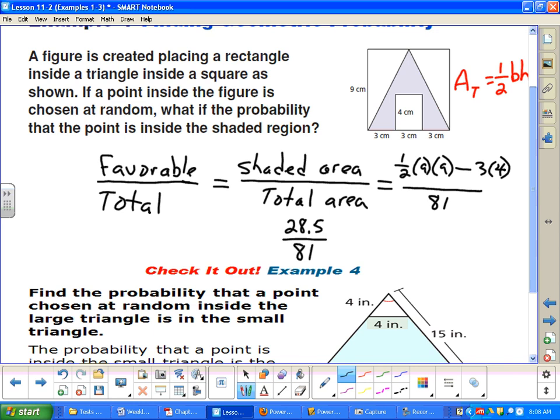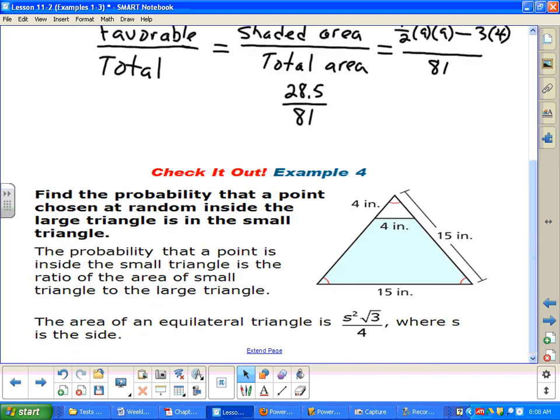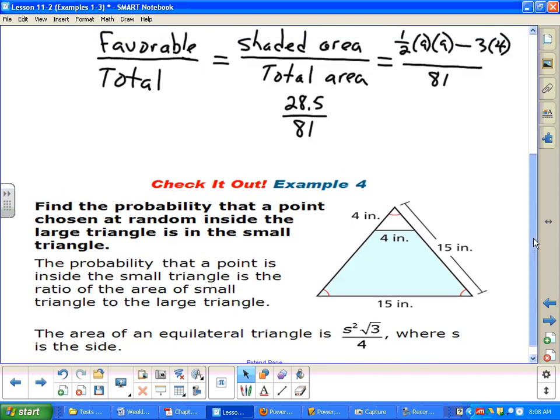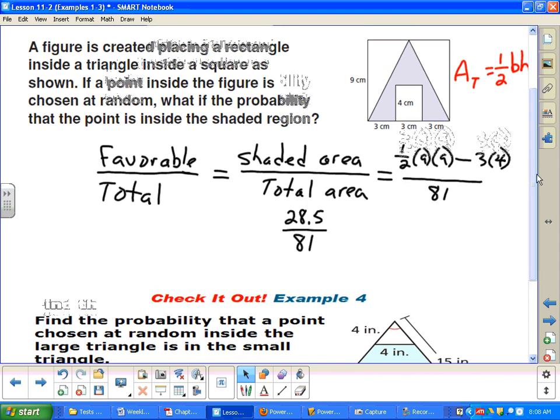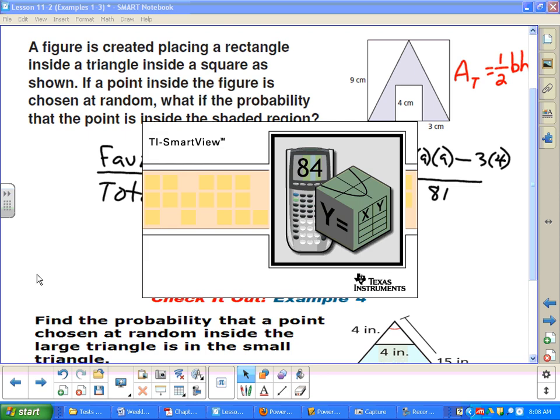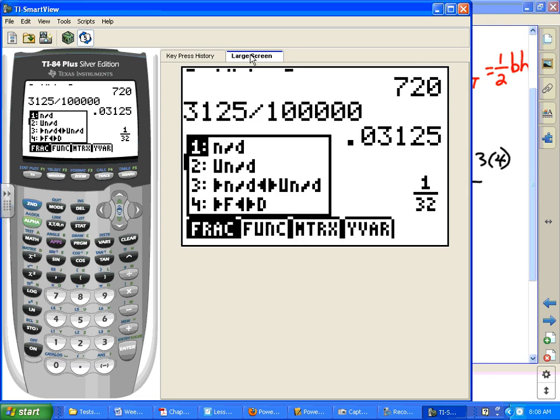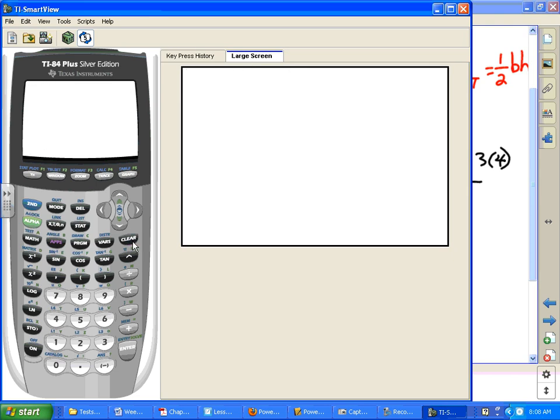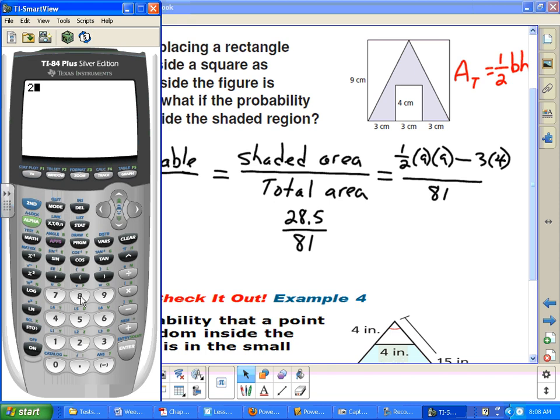Now, can I leave that answer like that? Can I leave a decimal and a fraction? And the answer is no, you can't leave a decimal and a fraction. That's why you have that wonderful piece of technology which will rewrite the fraction for you if you need to. So we've got 28.5 divided by 81, which is 0.35185185.